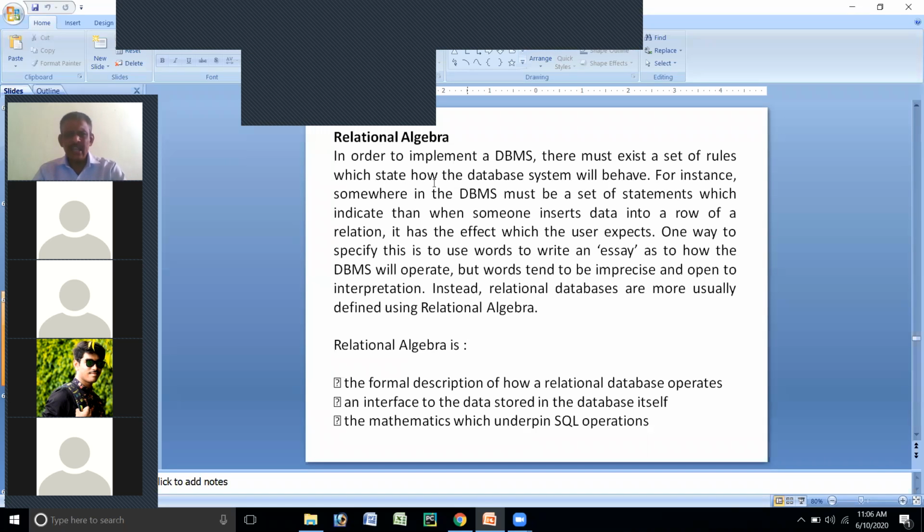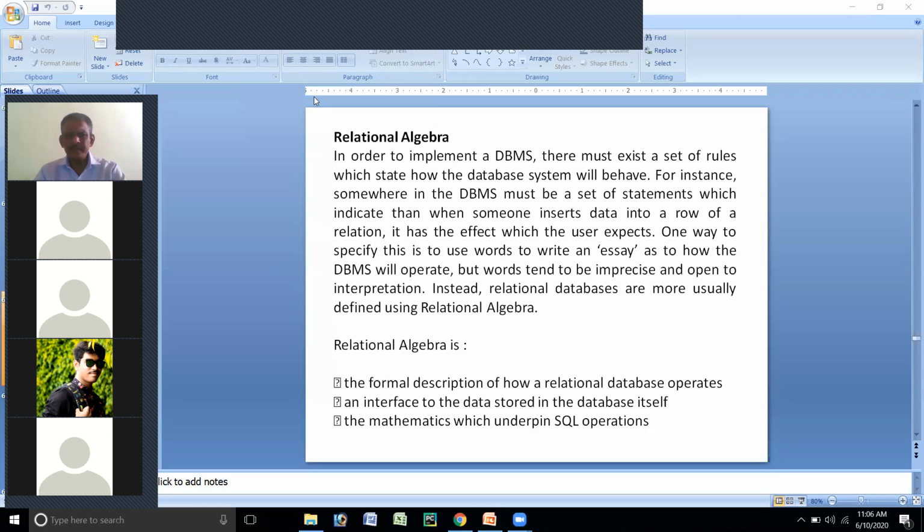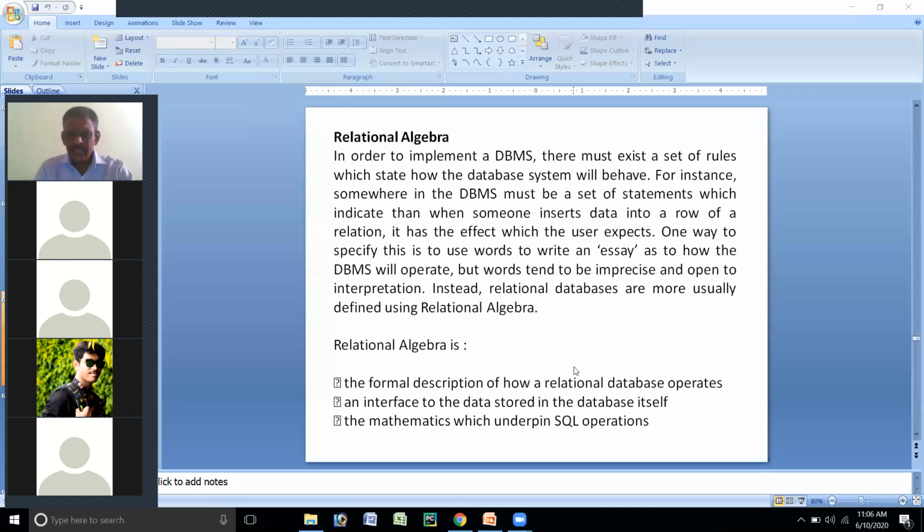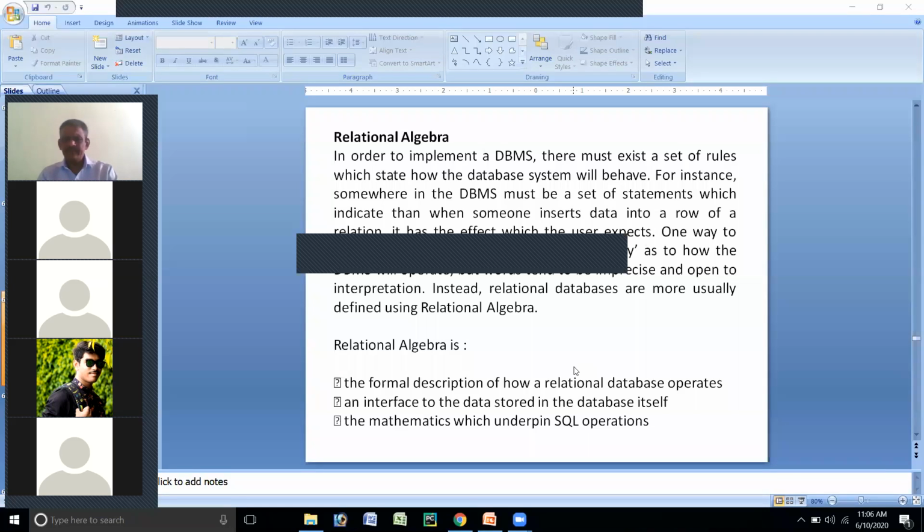The relational algebra is the formal description of how a relational database operates. It means the relational algebra is going to describe how your relational database is operating, right?